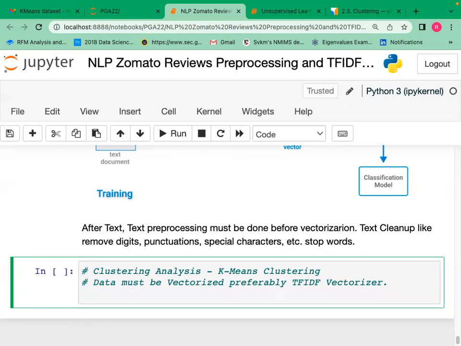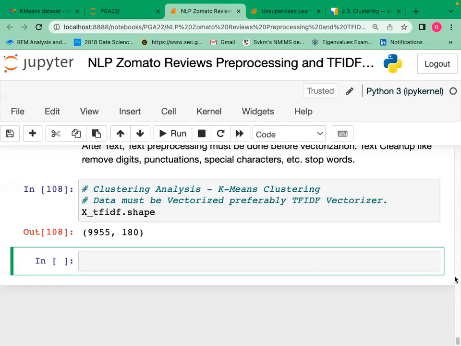So you must do the TF-IDF vectorizer for running K-means in NLP.